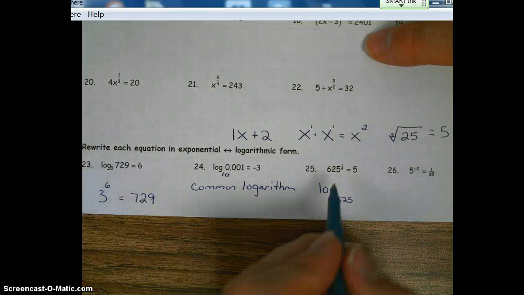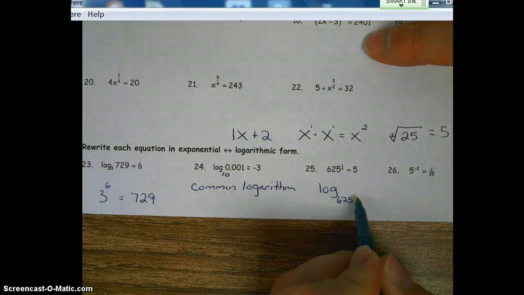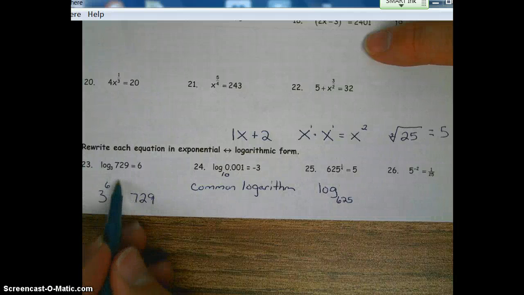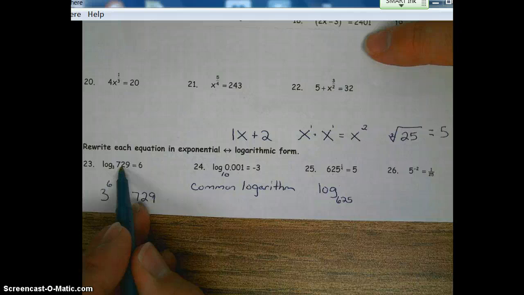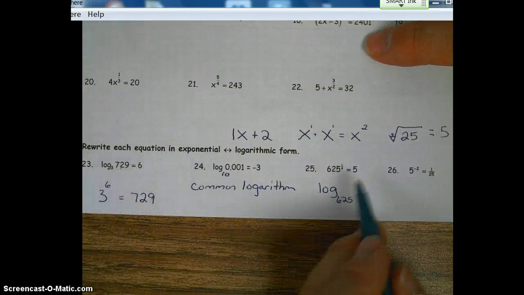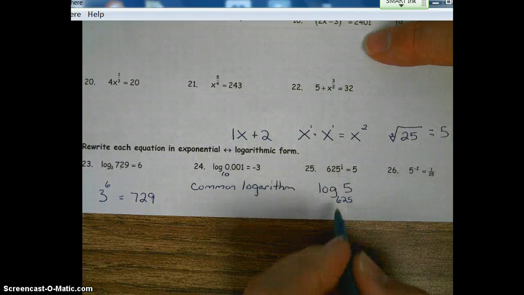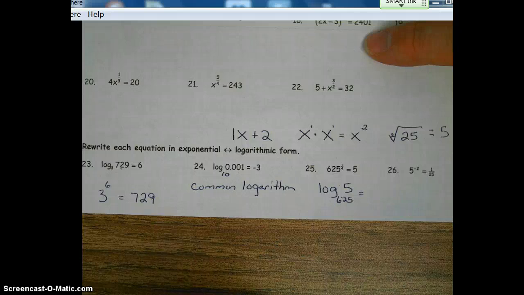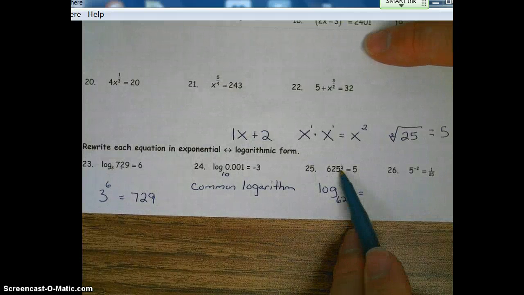Next, what's the argument? If you can't remember, look back here. The argument is the answer to the exponential problem, so the answer to the exponential problem is 5. And don't forget, the answer to a logarithm is an exponent.